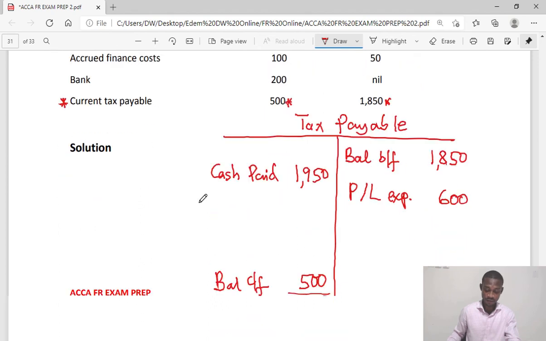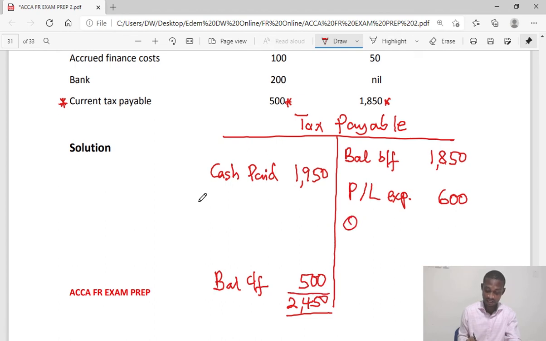And now let me also highlight that if we had any tax on OCI items, you would have to bring the OCI expense here, which is the tax on, for instance, a revaluation surplus. So if there is a tax on revaluation surplus, then the deferred tax component will come in.